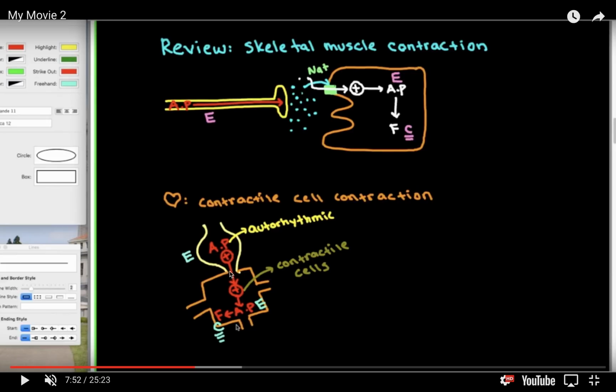So a little bit different cell types, autorhythmic cells as opposed to somatic motor neurons, contractile cells as opposed to skeletal muscle fibers, but really they're serving the same purpose in both cases.